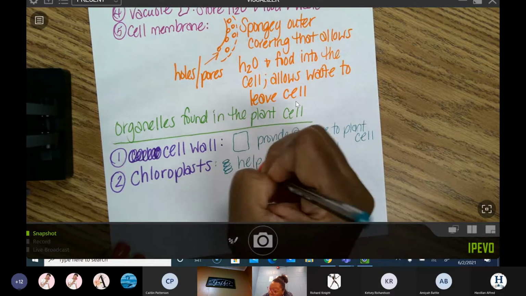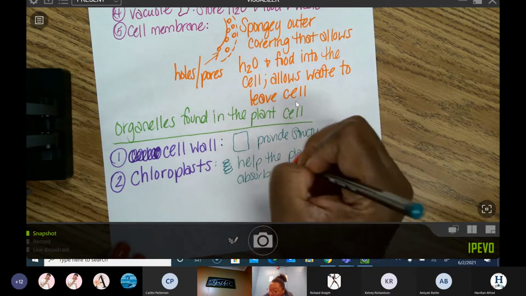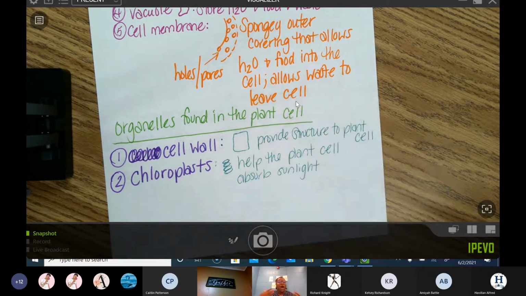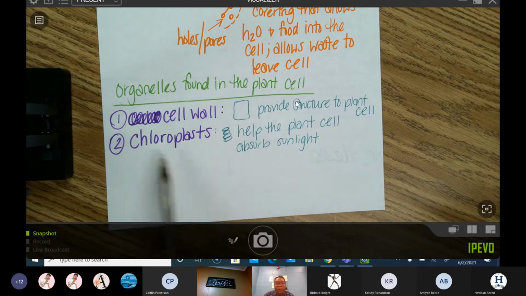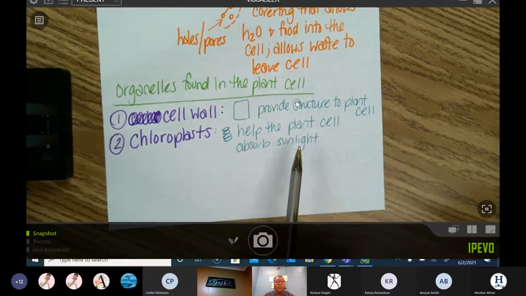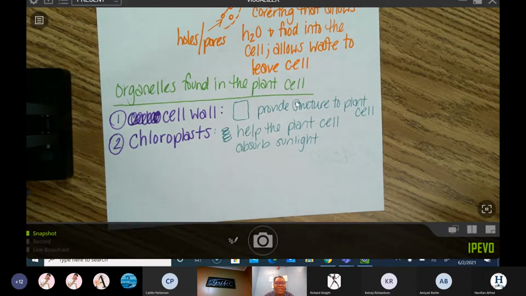And we know why sunlight is so important to the plant. We want to remember that the plant is autotrophic. In other words, it's able to make its own food. So it's really important that we understand that without the chloroplasts, our plant cell and therefore our plant wouldn't be able to live. So we want to make sure we remember the unique job of the chloroplasts.